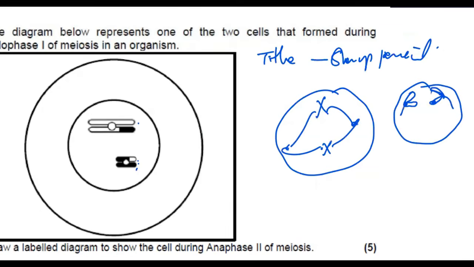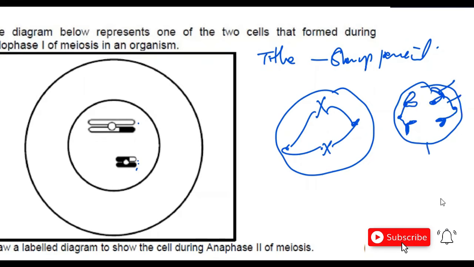It's still moving to the poles, and the short one is also moving. It also has the biggest variation, and this other one is completely shaded. You have to show that. And then this is the spindle, this is the chromatid moving, and this is the cell membrane.